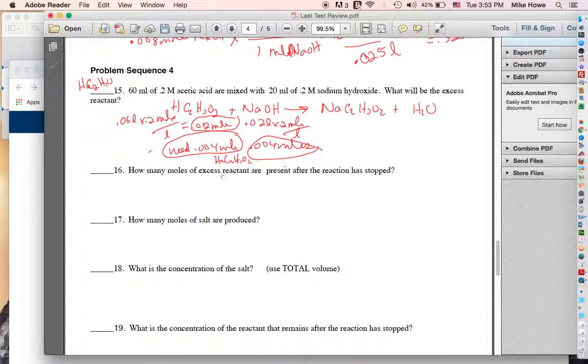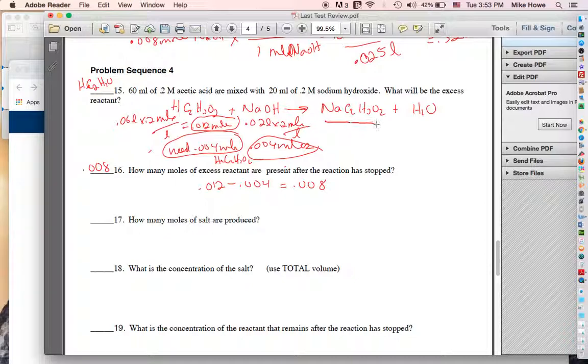How many moles of excess reactant are present? Well, I needed 0.004, so I use up 0.004 to react with the sodium hydroxide. So I had 0.012 minus 0.004 will give me 0.008 moles of excess reactant. Moles of salt produced.